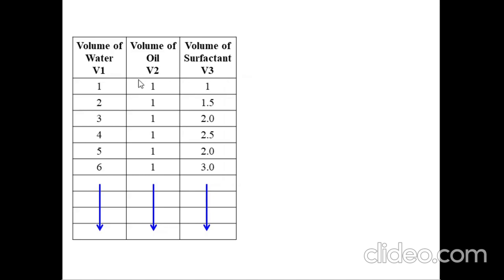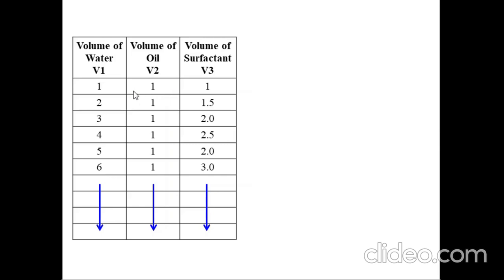Now in a test tube, 1 ml of each of water and oil is taken. So you can see two distinct layers, which is indicative of a two-phase system.